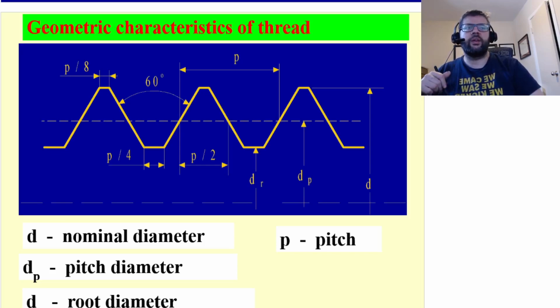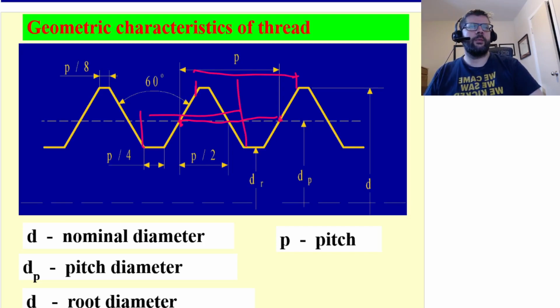We've got the pitch, and that is the distance between the same section of the bolt. It can be measured from here to here, or from here to here, or from here to here. Same deal, it should be the same thing.